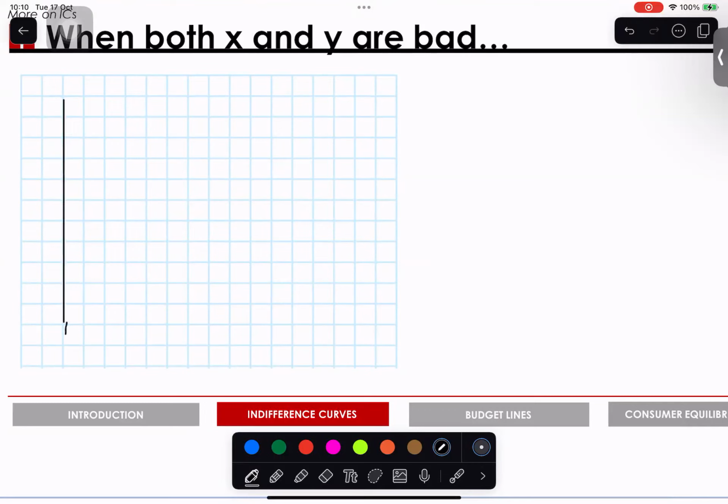Treat this as an application. Since you already studied indifference curves for a while, if people ask you to describe the taste of a person who regards the two goods here as bad.